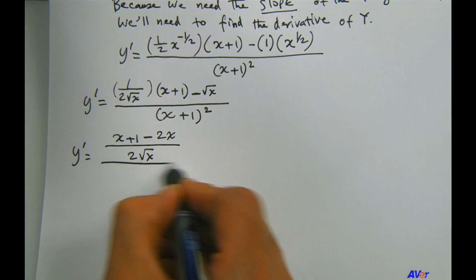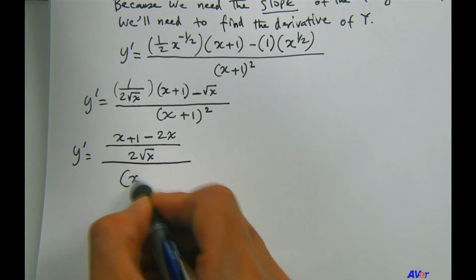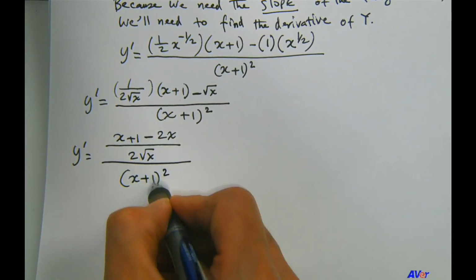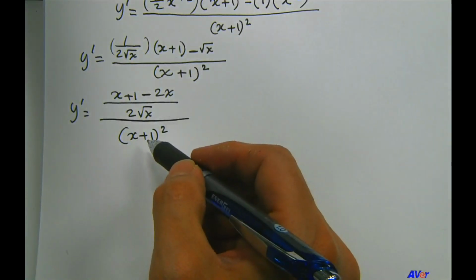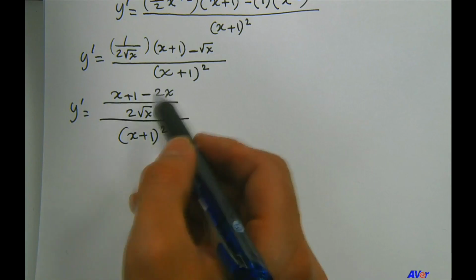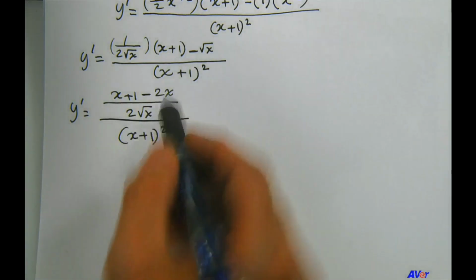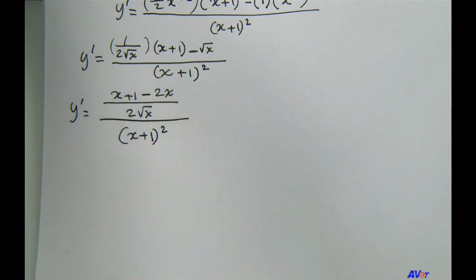And all of that would be divided by x plus 1 squared. Okay. All right, so simplify this. So minus 2x plus x is just minus x plus 1.